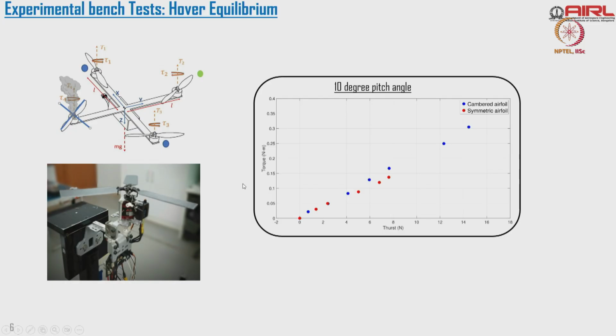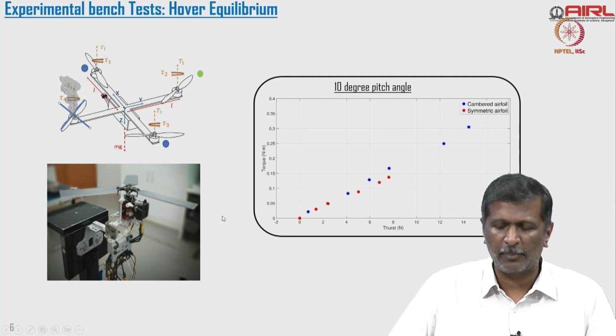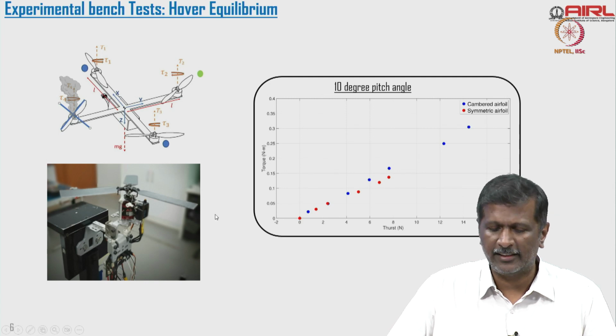I have to measure this thrust versus torque information. If I use a symmetrical aerofoil, what is the thrust? If I use a cambered aerofoil, what is the thrust versus torque? So we plotted this, right? We made a bench design to calibrate this particular aerofoil and motor to study what happens at different RPM, what the thrust is, and so on, right?